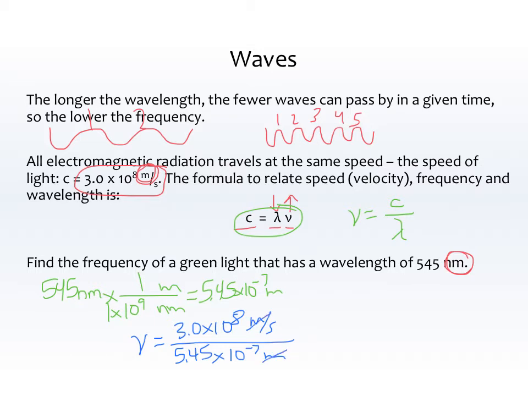And now the meters will cancel. So we end up with 5.5 times 10 to the 14 per second, or 5.5 times 10 to the 14 hertz. And that is the frequency of this green light.